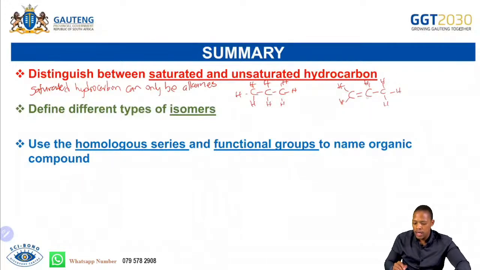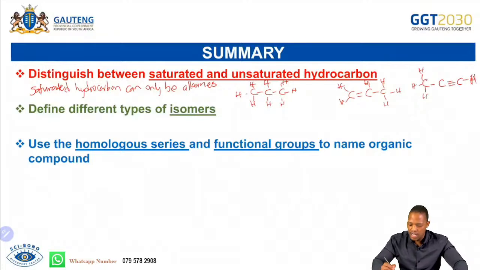It contains a double bond between the two carbons. You can also have one that looks like this. You are going to say this is what? An unsaturated hydrocarbon.